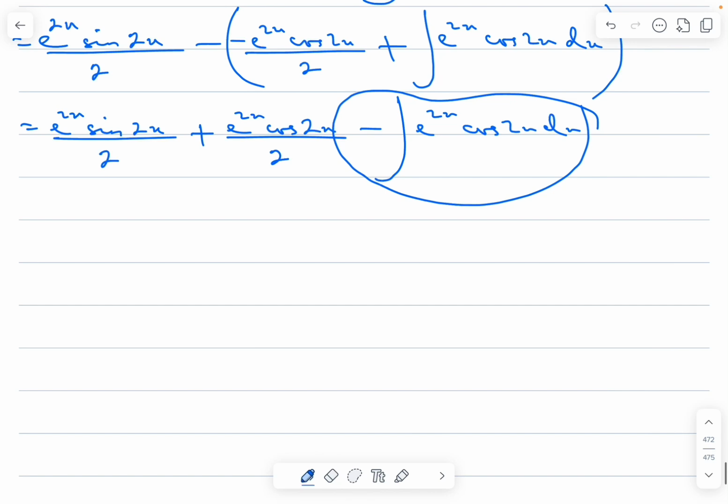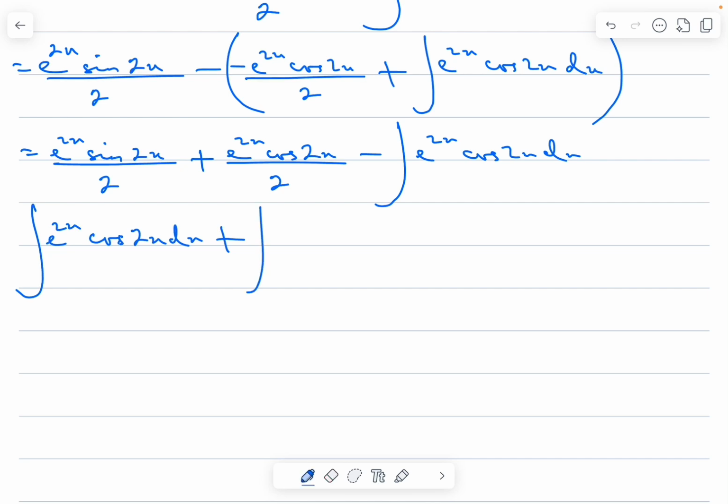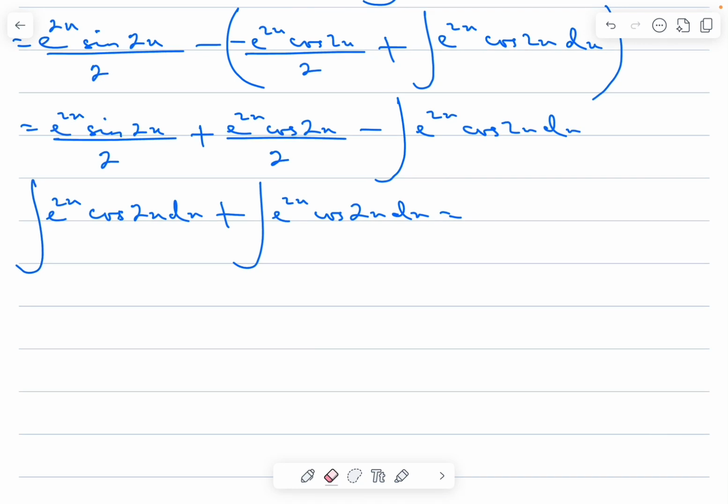When we do that, we have the integral of e raised to the power 2x cos 2x dx plus, when this one comes to the left hand side, it becomes plus the integral of e raised to the power 2x cos 2x, equals, I will be left with this on the right hand side. I think I should write it on the next line.